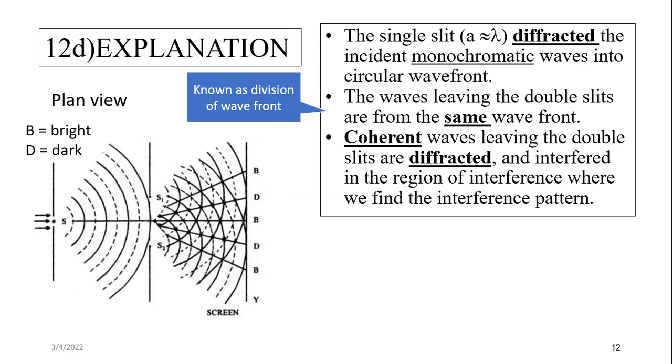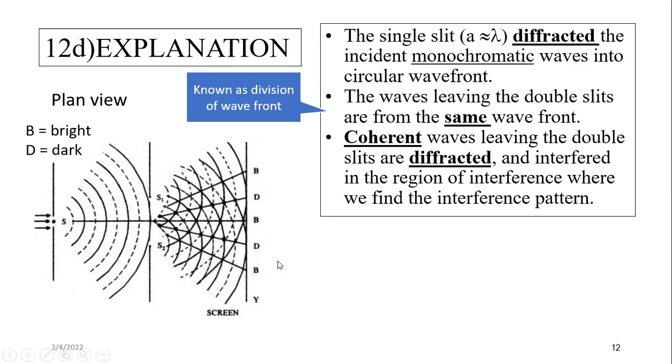Coherent waves leaving the double slits are diffracted and interfere in the region of interference, where we find the interference pattern. Okay, anything that's not clear? Anything you want to ask? All okay, Che.